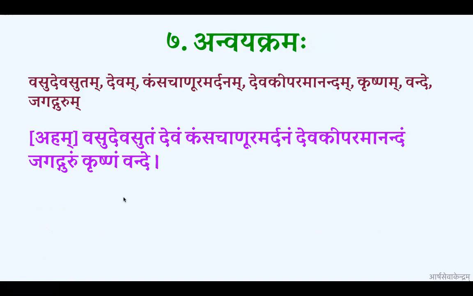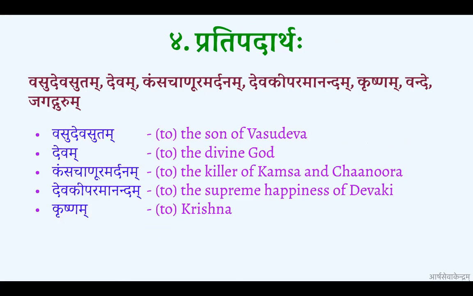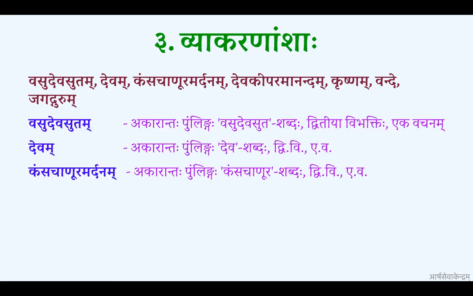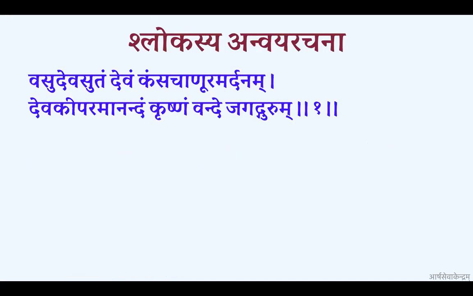Yes. Because Kriya is here, the karma is here, and all the different visheshanas are placed next to it and before it. So this is easier to understand. So how do we get from that form to this form is what Akamsha Kramena Anvayaha, this whole exercise, is all about. So let us see what the steps involved are.